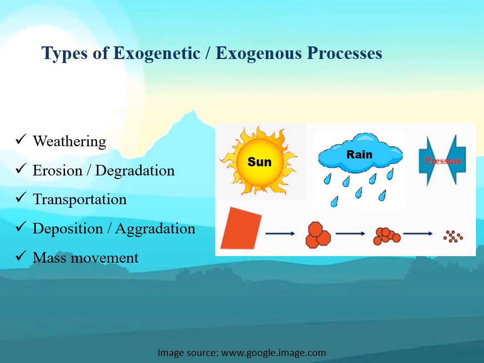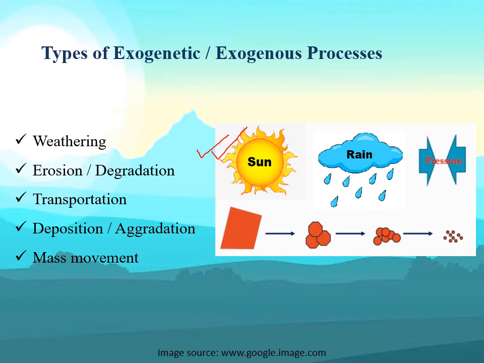Now, all these kinds of exogenous processes are mainly related to the different intensity of sunlight falling on the Earth's surface.